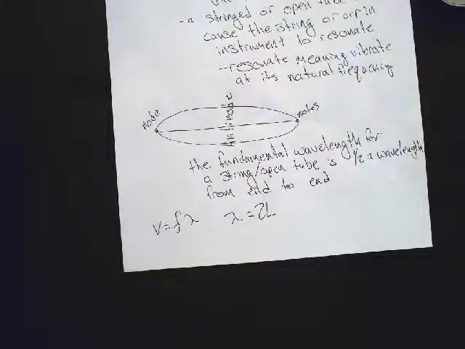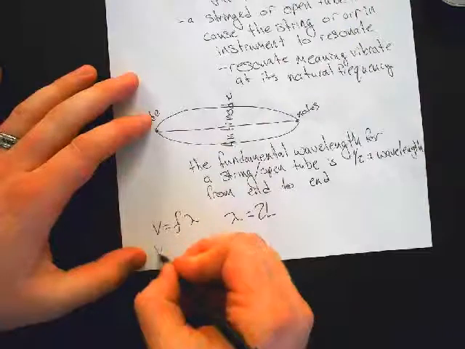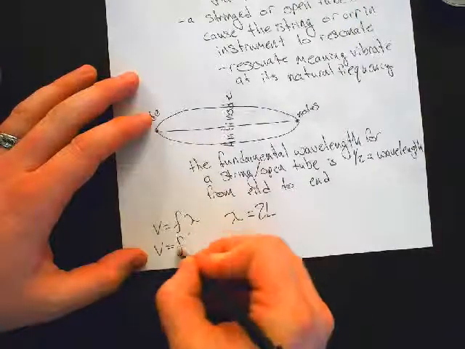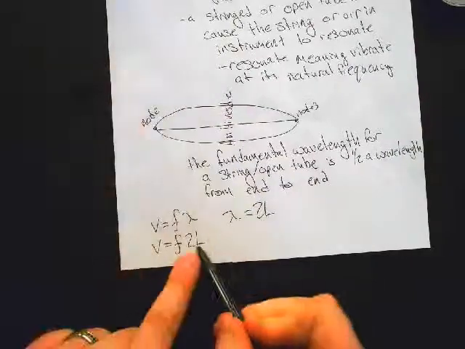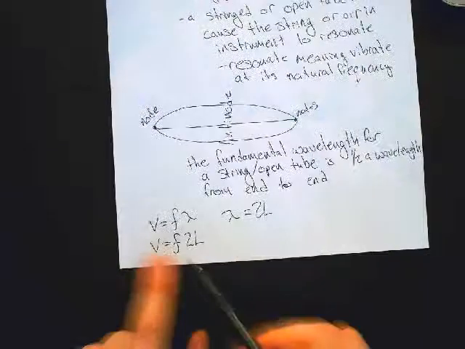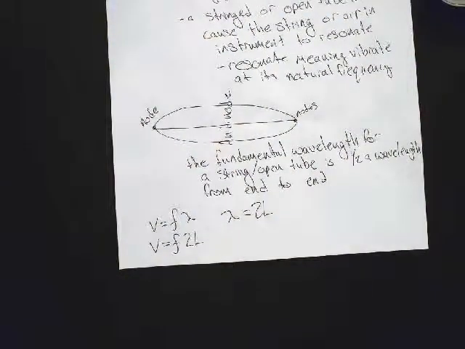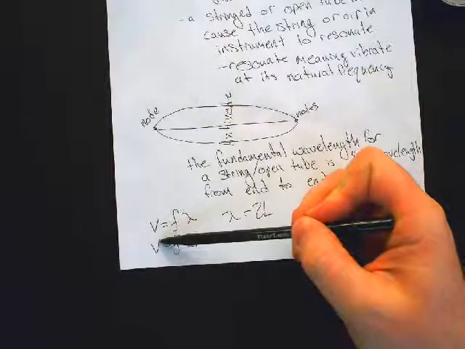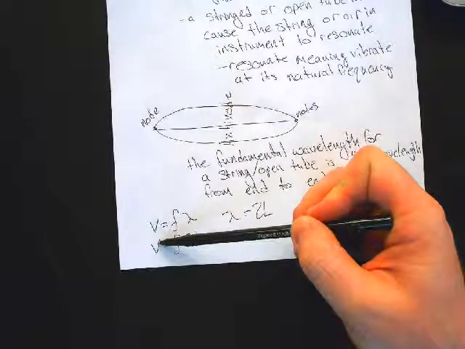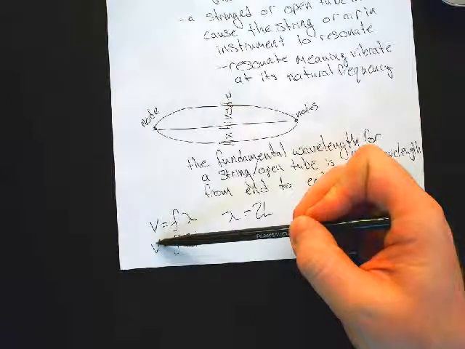Good with that idea? So based on the speed of sound, the frequency that I want to play, I can just simply take 2 times the length of my string, the speed of sound, and I get the frequency that I'll be producing. Okay. Now, obviously, this will vary based on the thickness of a string, based on the tightness of a string.